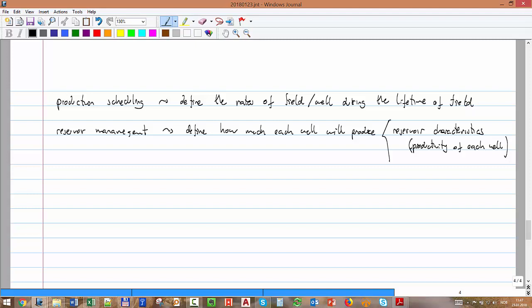You have, for example, some wells closer to the water oil contact, some wells closer to the gas oil contact, so they can start coning, gas coning and water coning. You have also sand production. If you produce too much or at a high rate, you might affect the stability of the formation and you start getting sand.